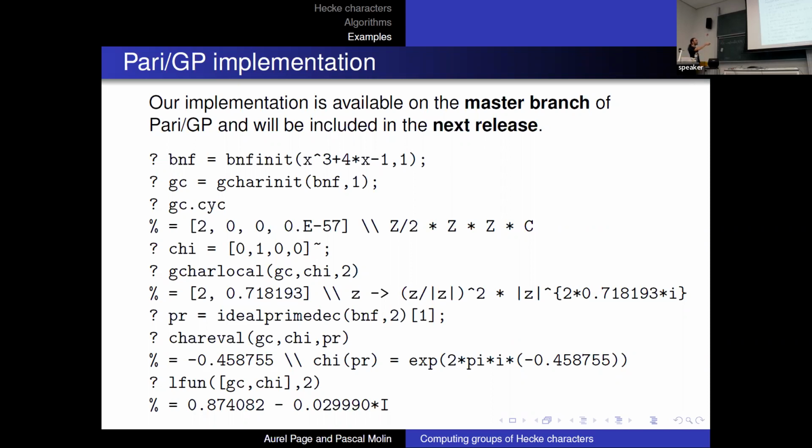And then you can initialize here the group of Hecke characters, and I'm taking modulus 1. The answer is some structure containing some data, and you can ask for the structure with .sig, and the answer will be a vector of this form, telling you that the group is isomorphic to Z mod 2.